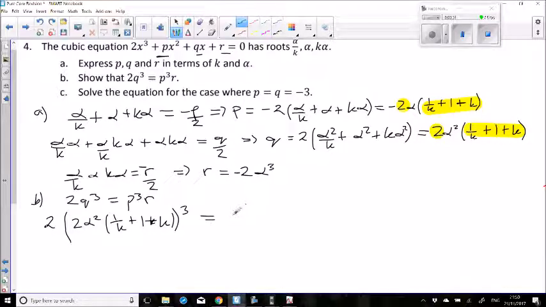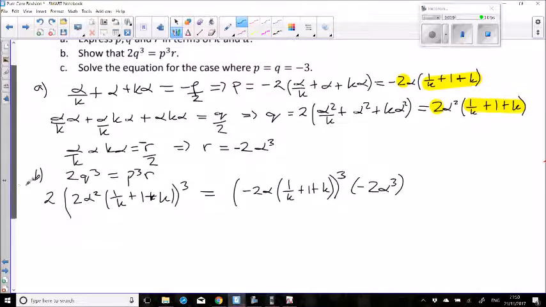P, if I have a look up, for p I had negative 2 alpha times 1 over k plus 1 plus k, cubed, and then r is negative 2 alpha cubed. Okay, right, so let's see what's going to go on here.